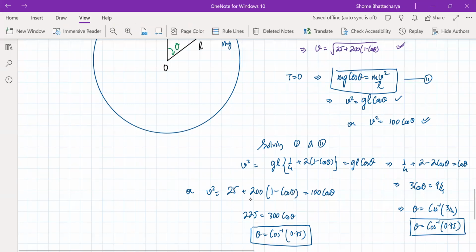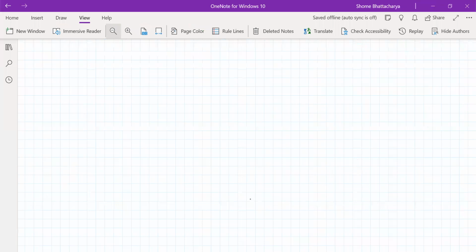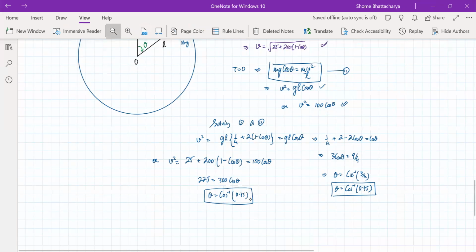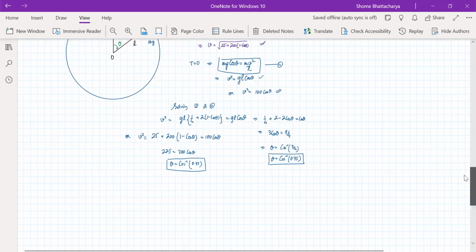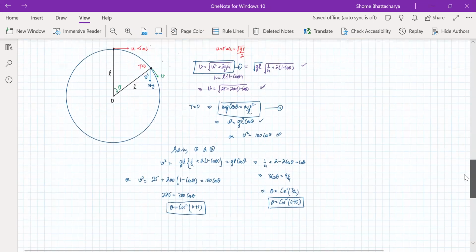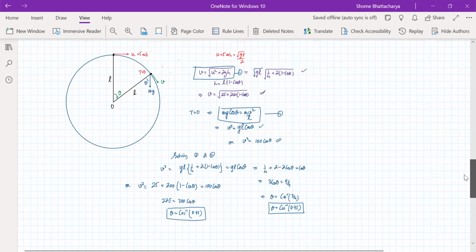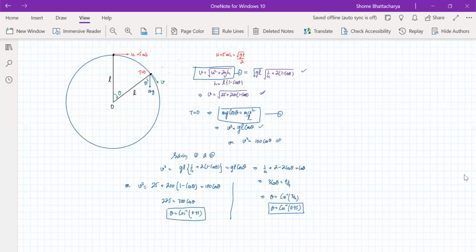So I'll just minimize this a little. Okay, so cos inverse 0.75, let's check out.